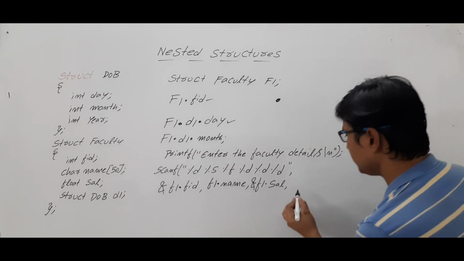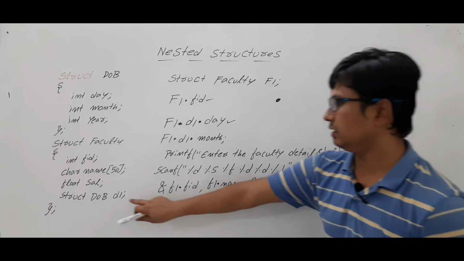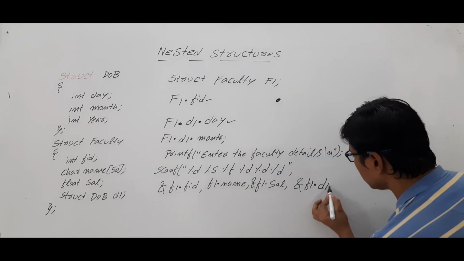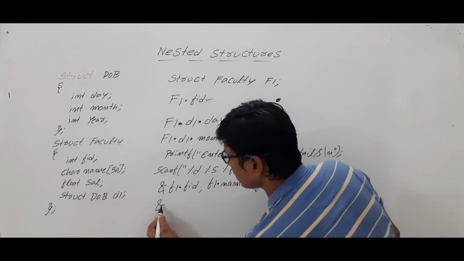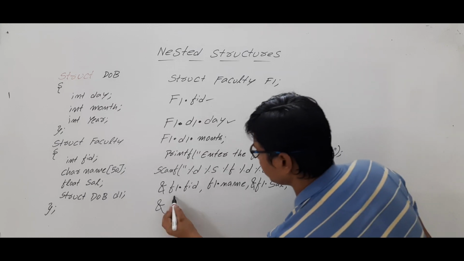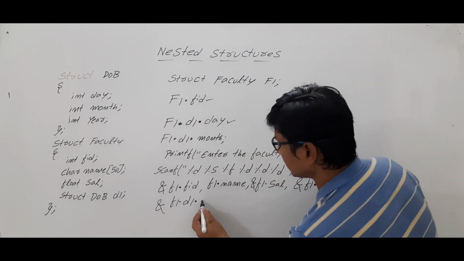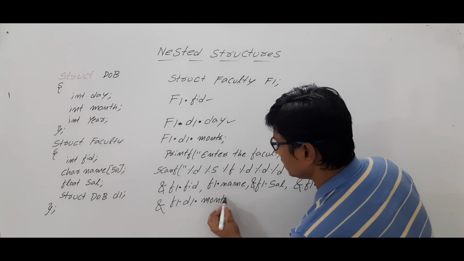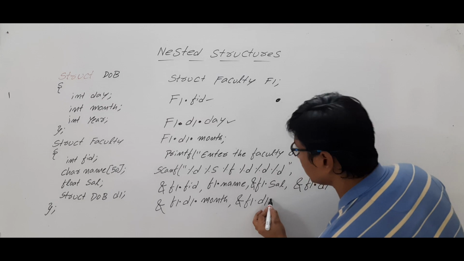Now his day, ampersand of f1 dot d1 dot day, comma ampersand of f1 dot d1 dot month, and ampersand of f1 dot d1 dot year.